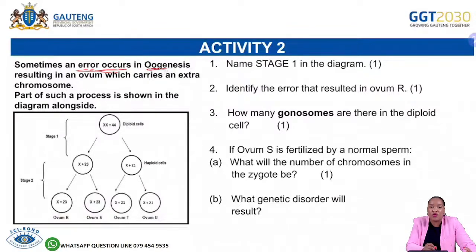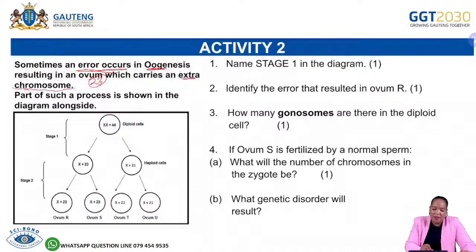So this happens during meiosis. So you've already done that actually with your teacher. So sometimes an error might occur during the formation of that ovum. That error may result in an ovum which carries an extra chromosome. So you know the number of chromosomes that you must have in a normal ovum are 23, right? So Vedika has also spoken to that.